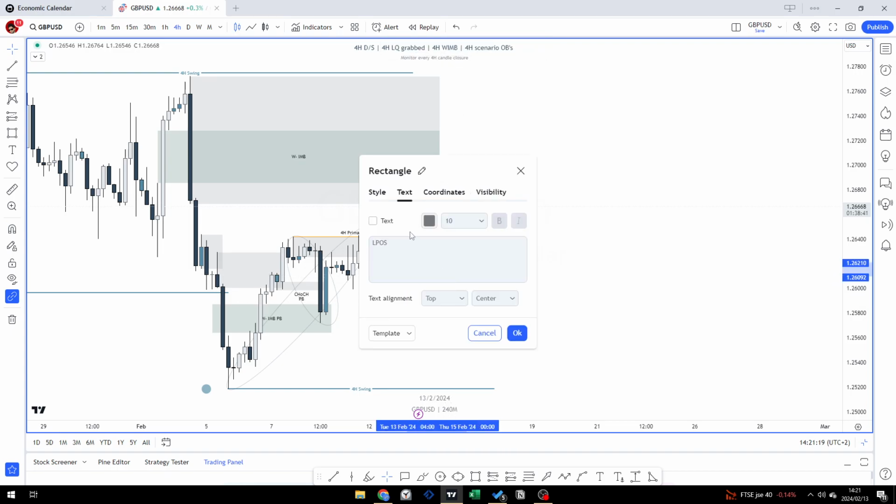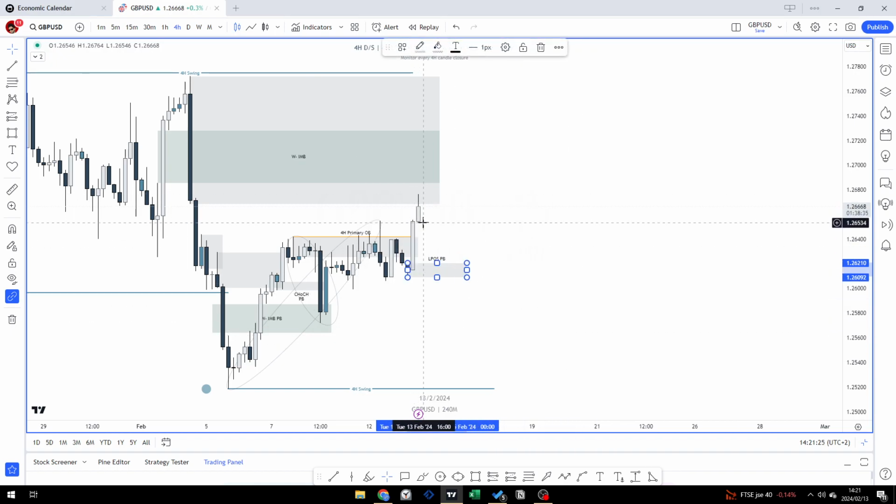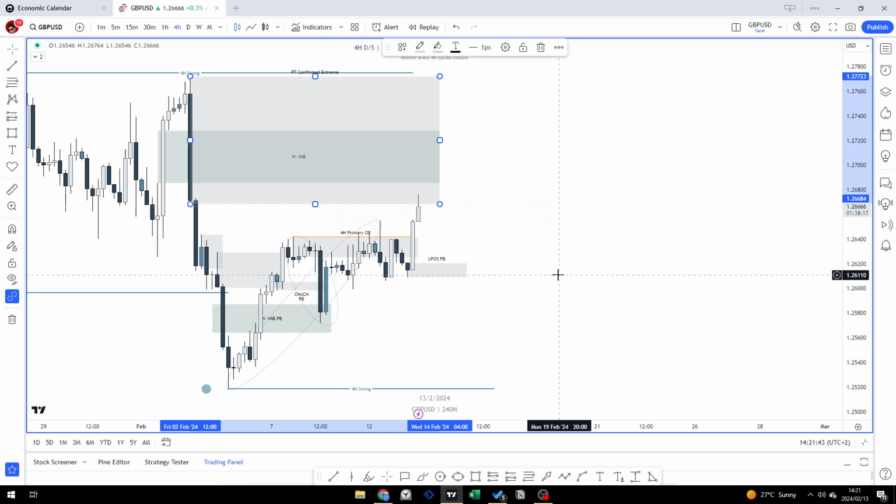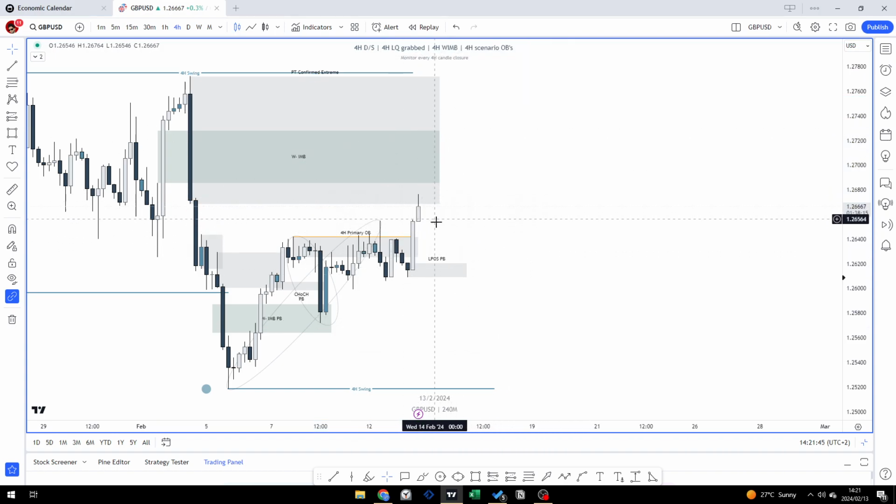So I'm going to mark this as the last point of supply pullback phase, and in order to take any further long trades, we will need price to come into this area in order to validate appropriate backing, and then obviously have IRL, because now we're trading into the pro trend extreme that are marked pro trend confirmed extreme. And as a result of this, there's only reasons to short for the New York session.